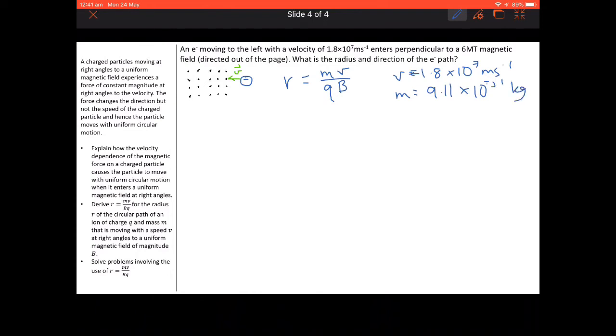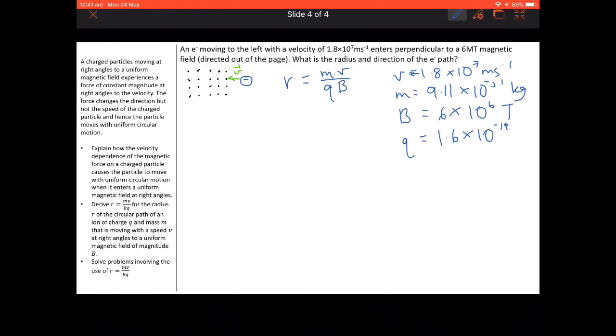The magnetic field strength is equal to 6 megateslas, which is 6 by 10 to the 6 teslas. And the charge of an electron, also included on your formula sheet, is 1.6 by 10 to the negative 19. The charge on an electron is obviously negative in this situation. We just need to focus on the magnitude.